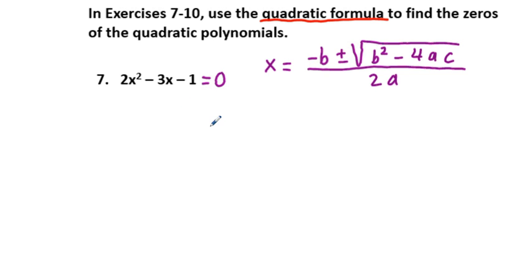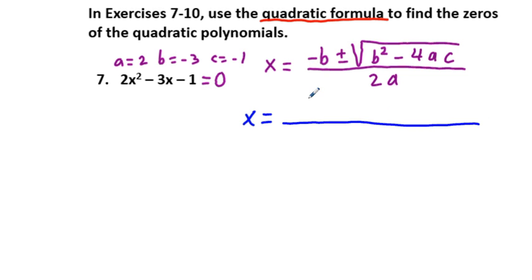And for this, we have a is equal to 2, b is equal to negative 3, and c is equal to negative 1. What I like to do to avoid mistakes is rewrite the quadratic formula with just parentheses. Then we just fill in our a, b, and c in the parentheses.